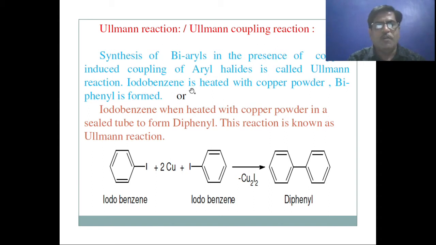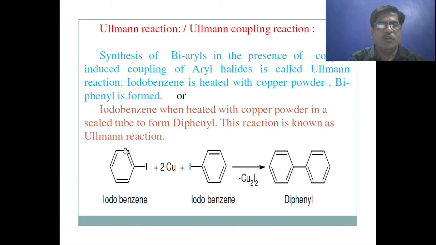When iodobenzene is heated with copper powder in a sealed tube, biphenyl, or diphenyl, is formed. This reaction is known as the Ullmann reaction.